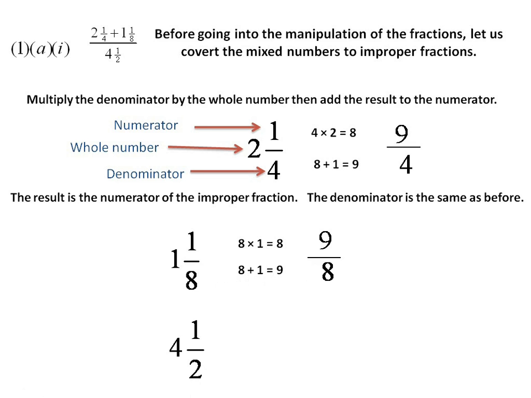Then we go straight ahead and do the same with 4 and 1/2. 4 times 2 is 8, and 8 plus 1 is equal to 9.